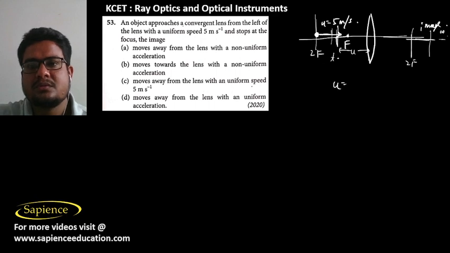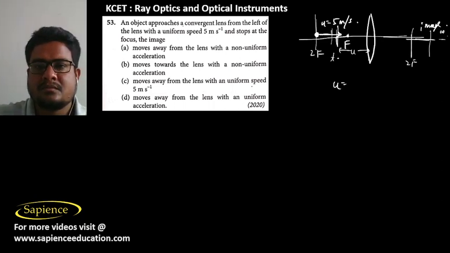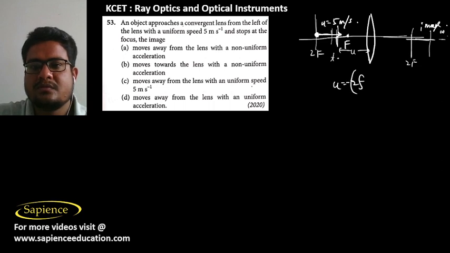The object moves at a uniform speed. So let us suppose it starts from 2f, then u is minus of 2f minus 5t. The speed of the object I can say as v naught.